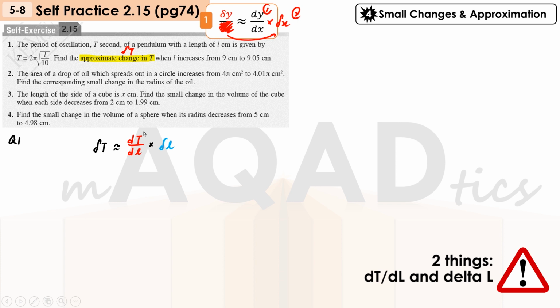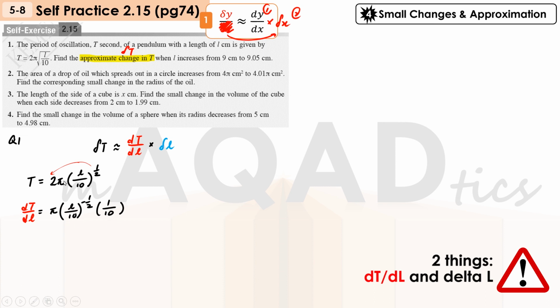To find the first one, we need to differentiate the original equation, which is this one. Let me change this square root to a power of 1 over 2 so we can differentiate easier. If we differentiate, this would be the answer. Let me explain how I obtain this. 1 over 2 moves to the front and multiplies with 2, so it becomes 1, and eventually we don't write it out.